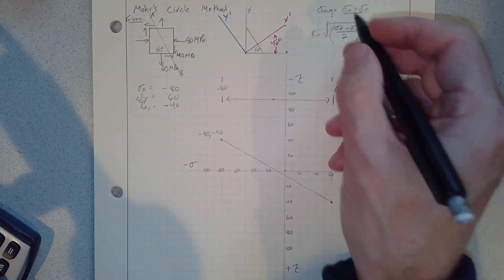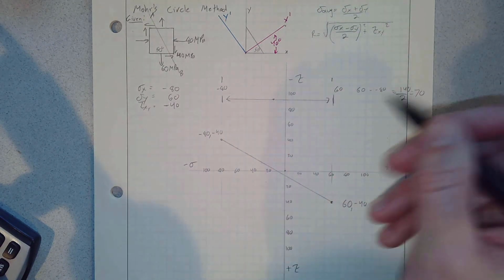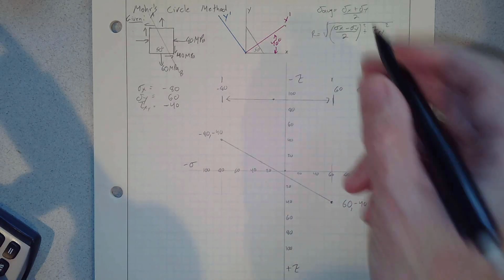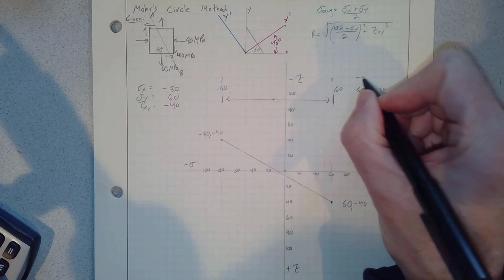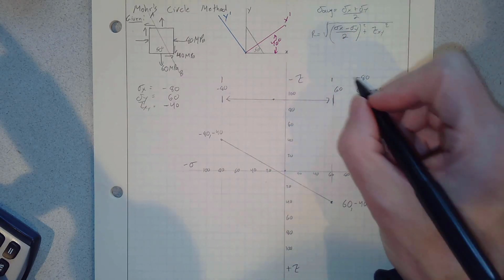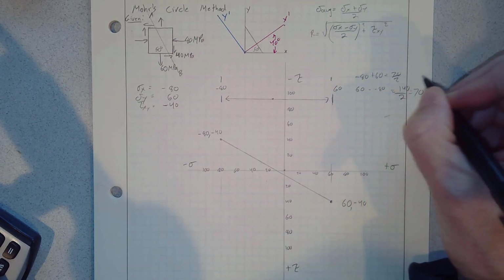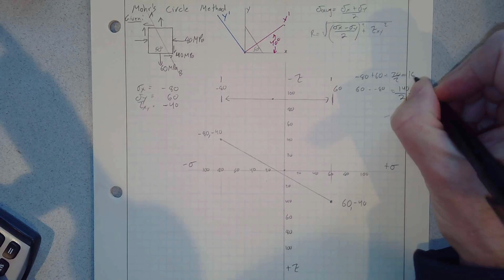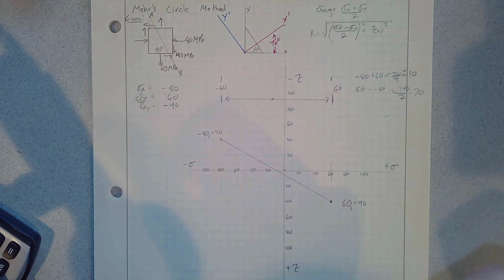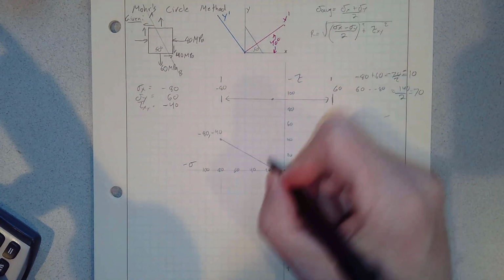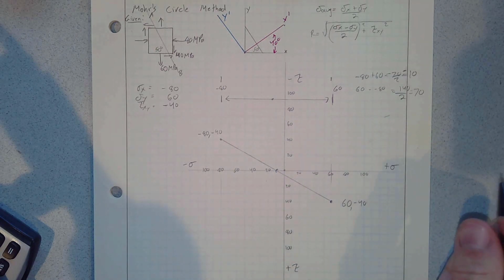So that's basically sigma x plus sigma y divided by 2 is our normal stress. But I did it as far as actual distances. The way they did it here would have been, math-wise, sigma x was negative 80 plus sigma y was 60. So that's negative 80 plus 60 equals negative 20, divided by 2. So that gets you straight to the actual numerical value of this right here, which would be negative 10. So that's how we find where the center is, right where it crosses there at negative 10.